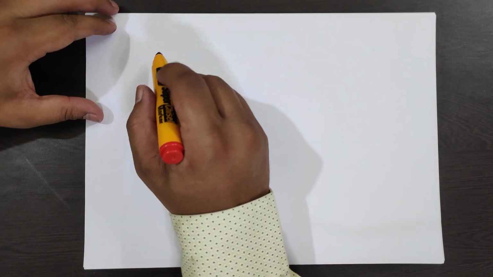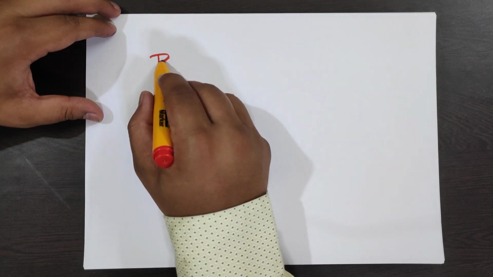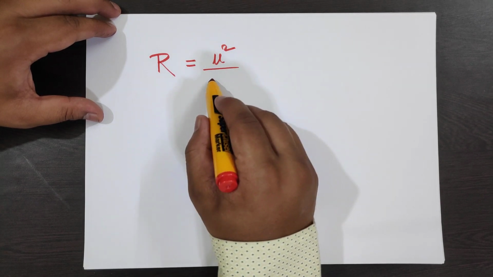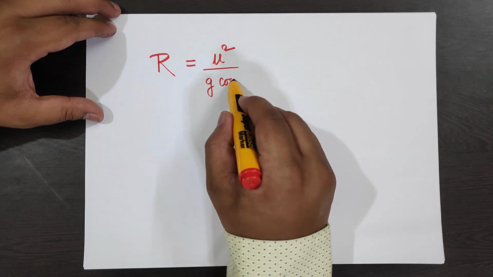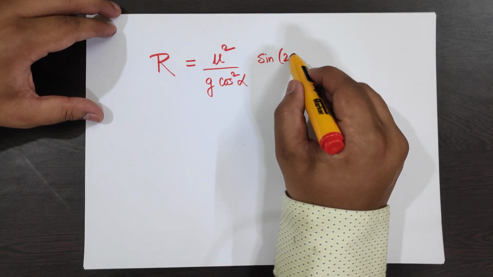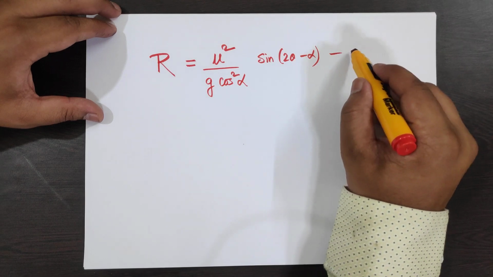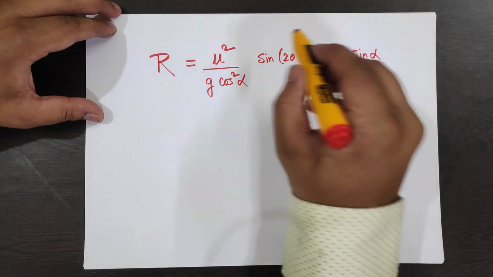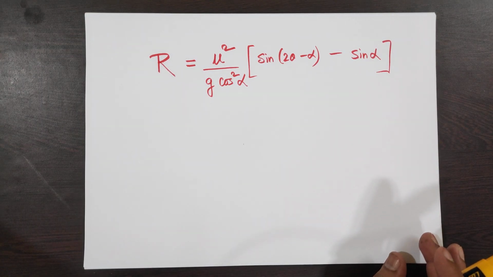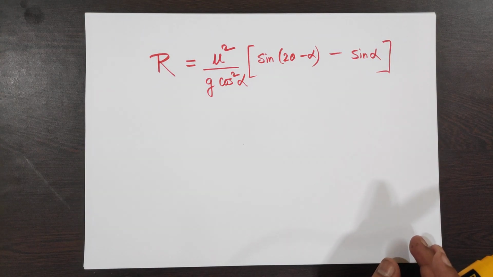Here's what you get, the final expression for range: u squared by g cos squared alpha, into sin(2 theta minus alpha) minus sin alpha. That is the final expression for range you will get after applying some trigonometric identities.